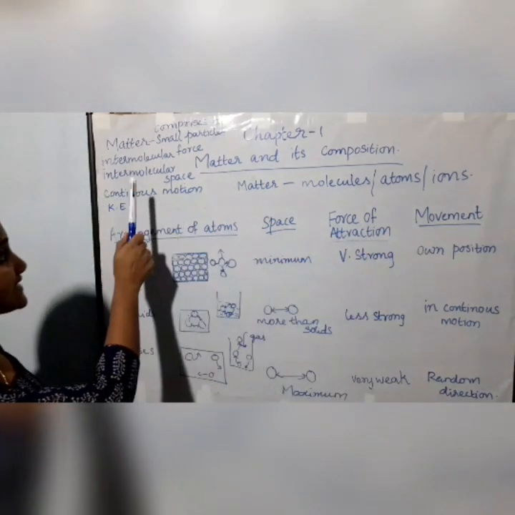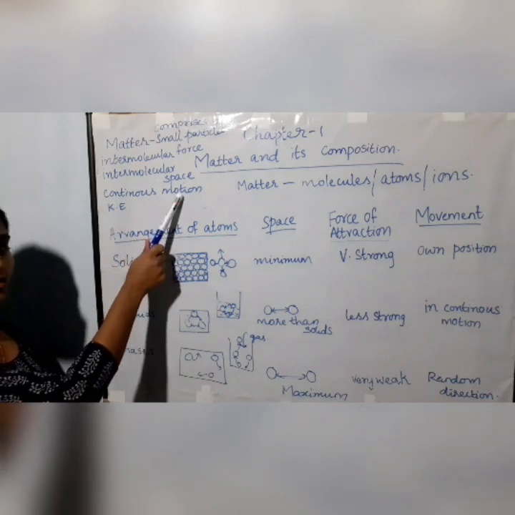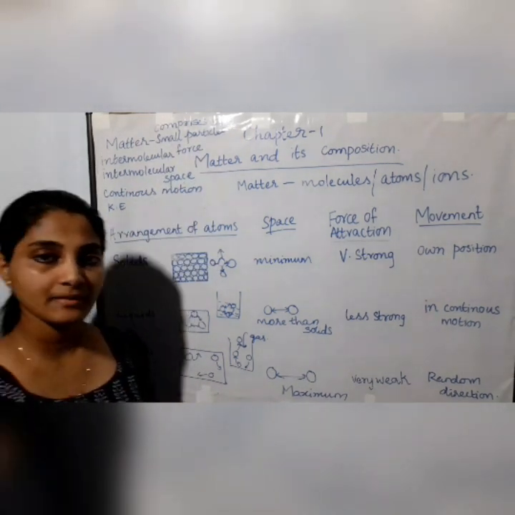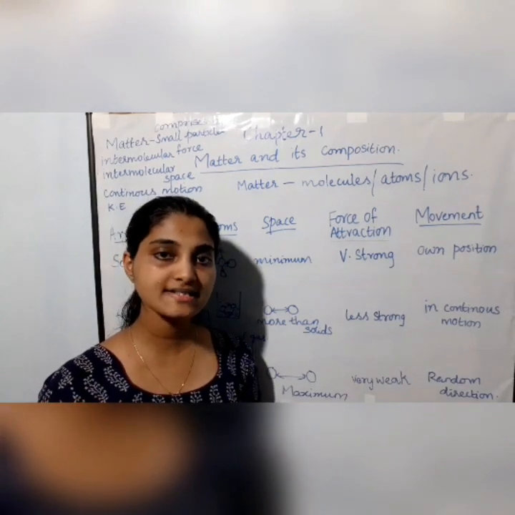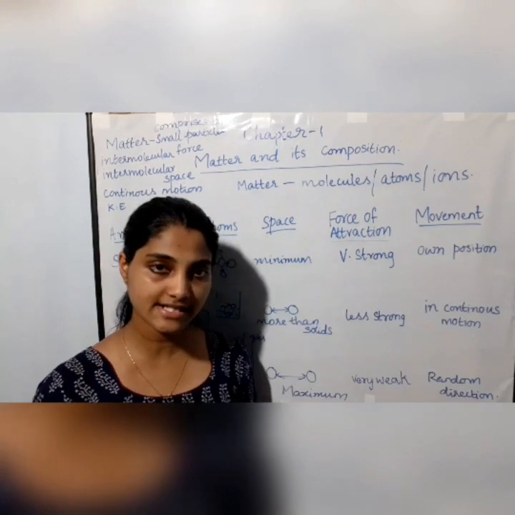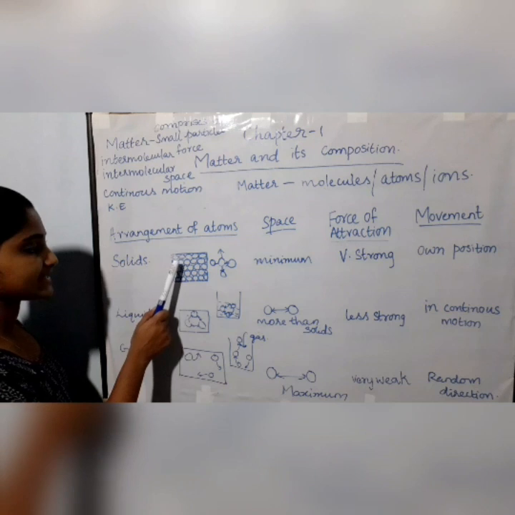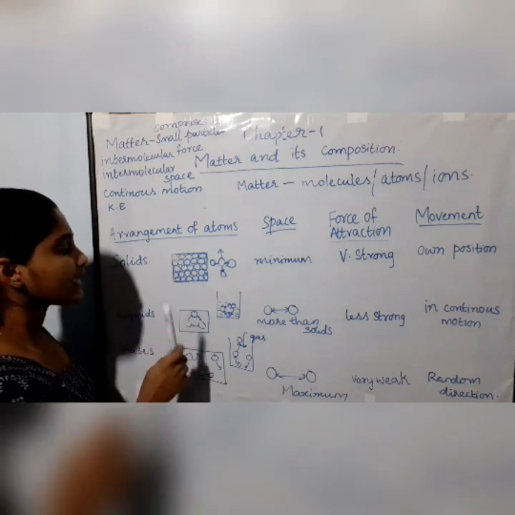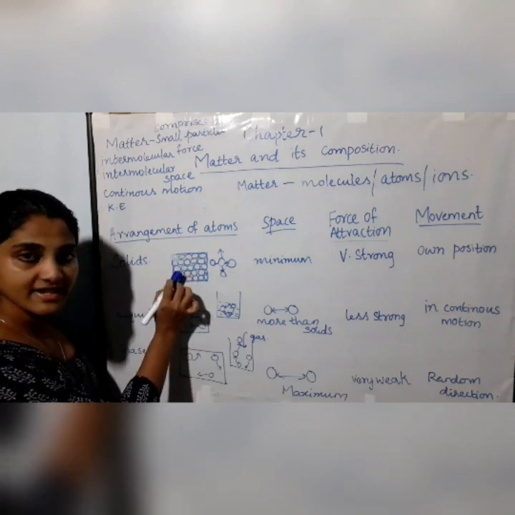Now we have also seen that there is continuous motion in case of the small particles. So matter comprises small particles, and those small particles are in continuous motion. Now let us see that. In case of solids, how is the motion? They are in a fixed position.